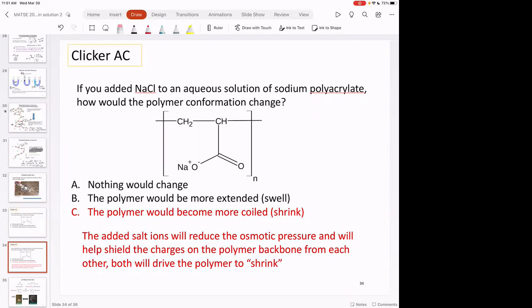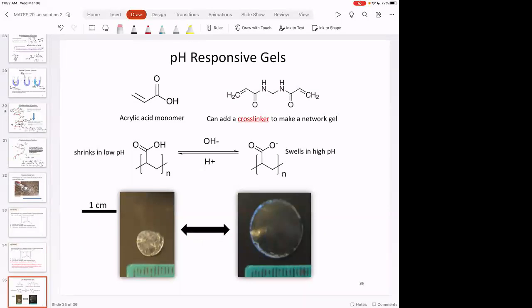And so we can do similar things. This is a pH neutral or pH 7 electrolyte because it's a salt, right? You take sodium chloride and put it in water, the pH of that water doesn't change. But we can easily change the concentration of protons or hydroxide, however you want to think about it, in water by changing the pH. And if we have a pH responsive unit in our polymer, like acrylic acid, you notice that this is very similar to sodium acrylate, right?